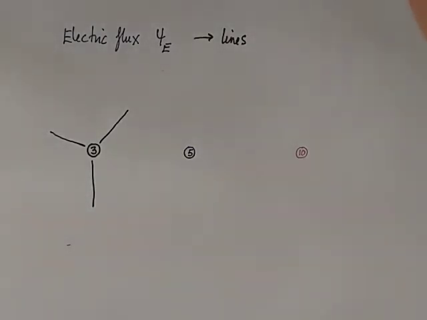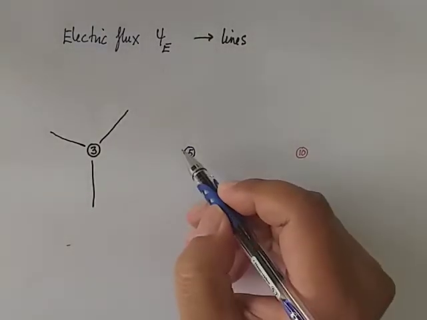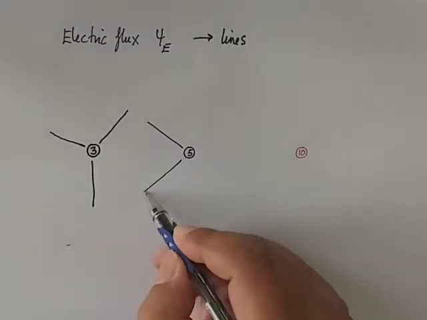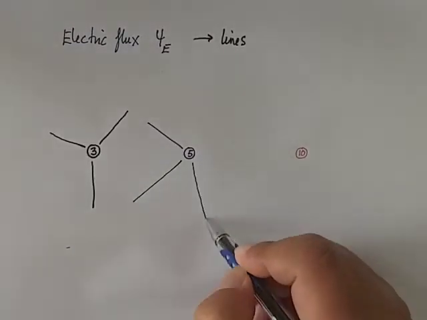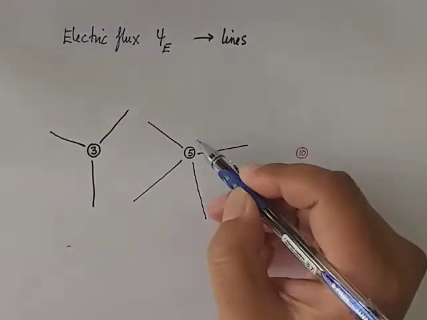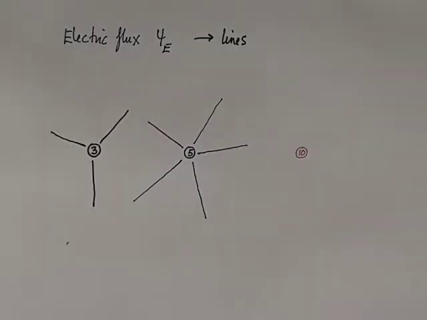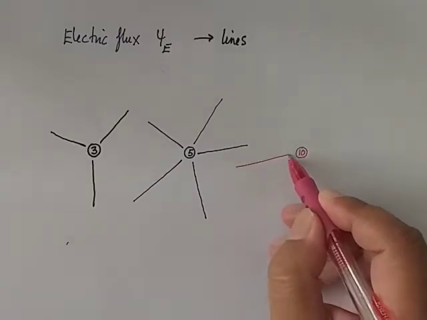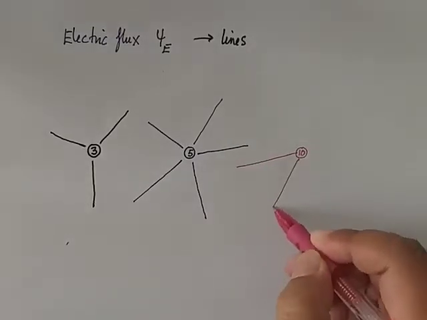So for 5 coulombs, how many lines are we going to produce then? That's good, 5 lines. Okay? And for the red point charge, from the magnitude, I'm going to draw 10 lines coming out from the source.